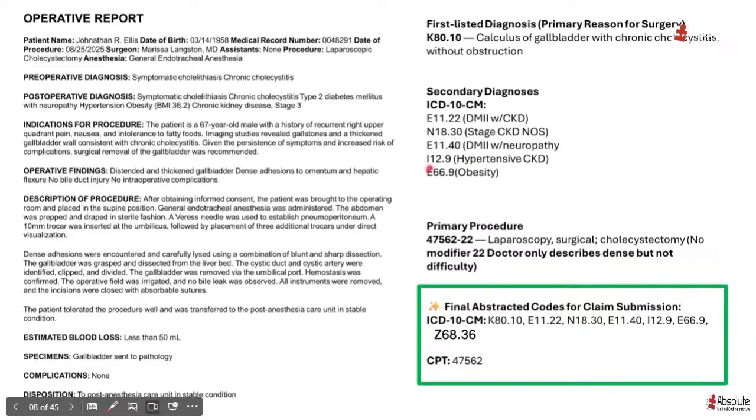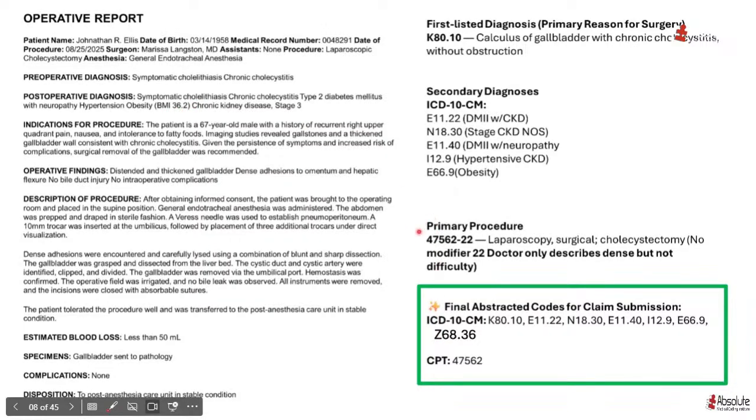Also, I12.9, hypertensive CKD, because the hypertension and CKD were present in the same encounter. And obesity, E66.9. Also, they did say that this patient had a BMI of 36.2, which is down here.